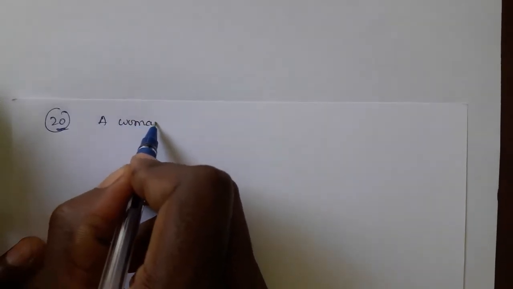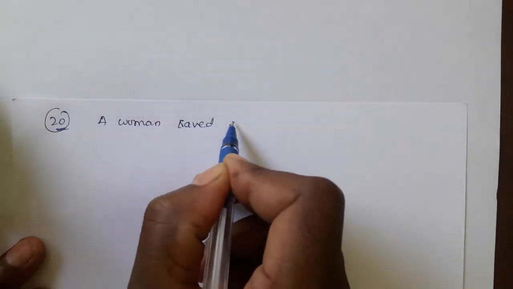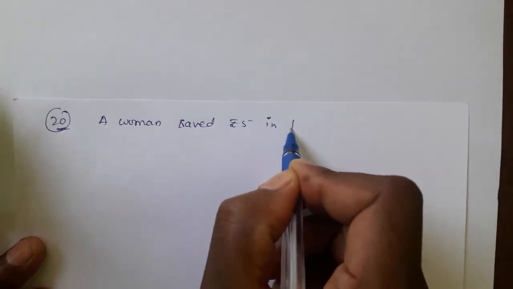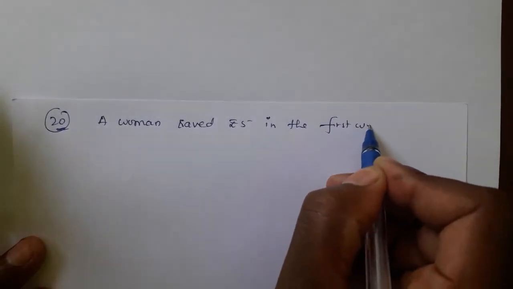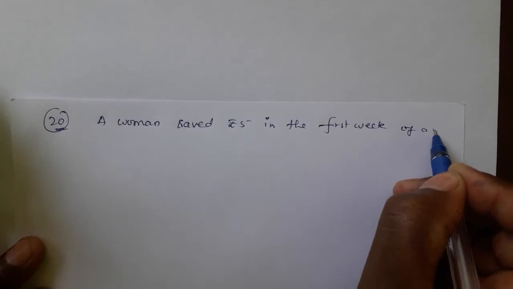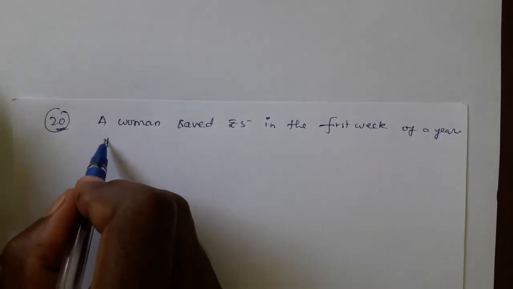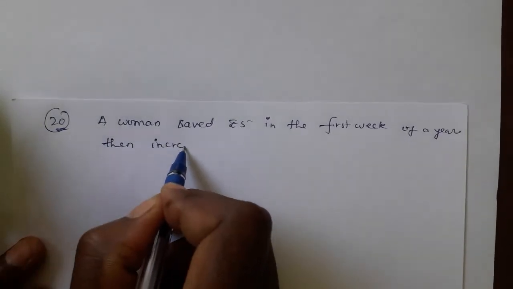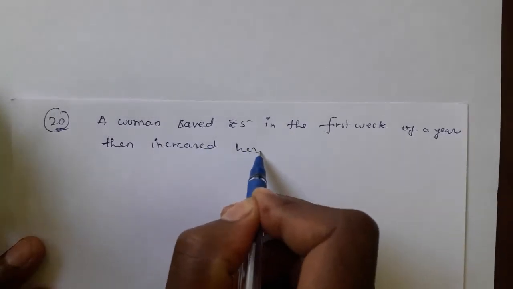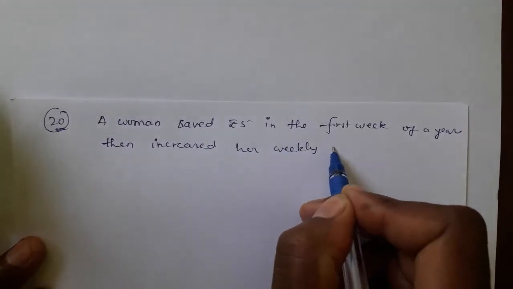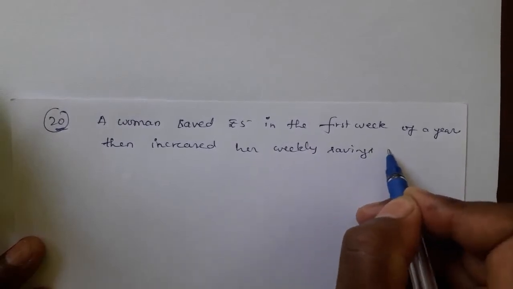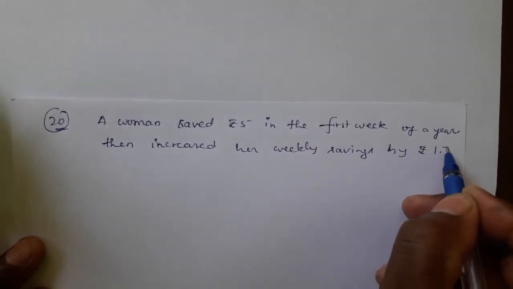So we go for one more application question. That is the 20th question. A woman saved rupees 5 in the first week of a year, then increased her weekly savings by rupees 1.75.